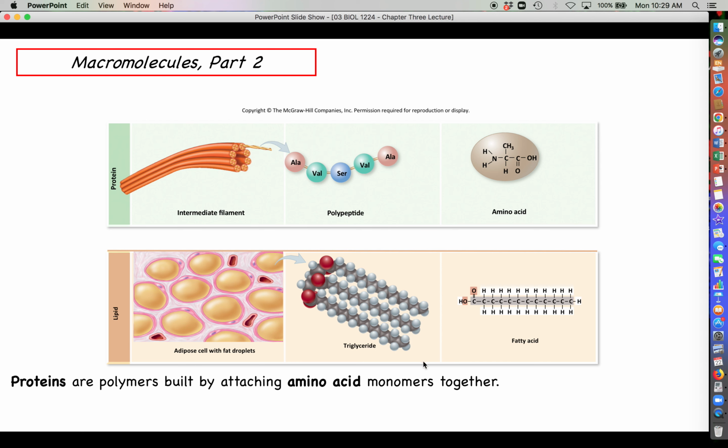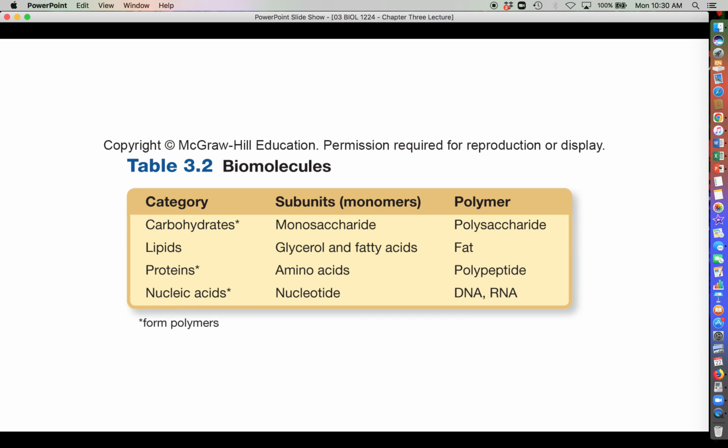And then for lipids, we build our polymers, and this is a little bit more complicated, and I'll clear up any confusion here because these are not true polymers. But if there were going to be a polymerization here, we would be building it with a monomer called a fatty acid. But again, I will clear that up in a later video where we specifically talk about lipids.